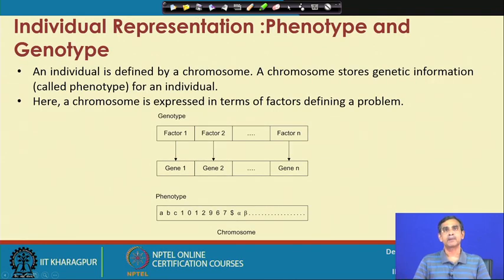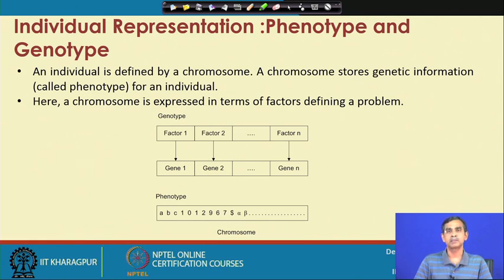Now, before going to the encoding scheme, let us discuss two concepts used in order to encode a particular solution: the phenotype and the genotype. As I told you earlier, the genetic algorithm follows the concept of genetics, where chromosomes play an important role.